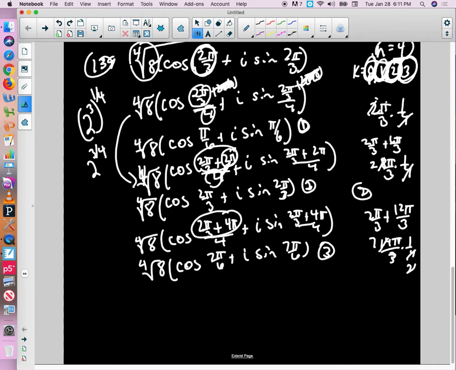I'll put in a 3. So I have the fourth root of 8 times the cosine of 2 pi over 3, going back to the beginning, plus 2 pi k. 2 pi times 3 gives you 6 pi, divided by 4.